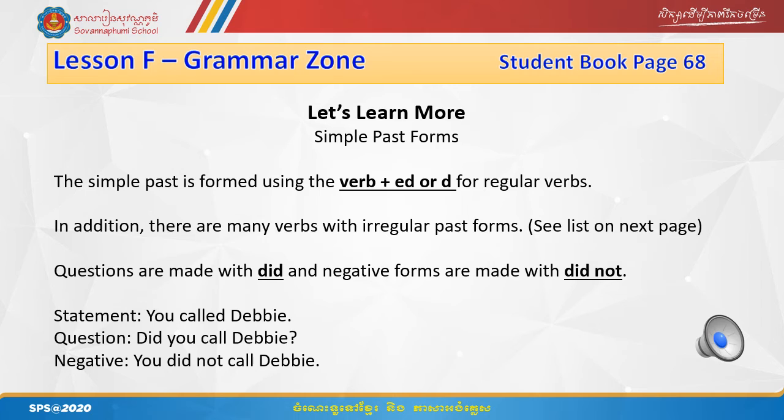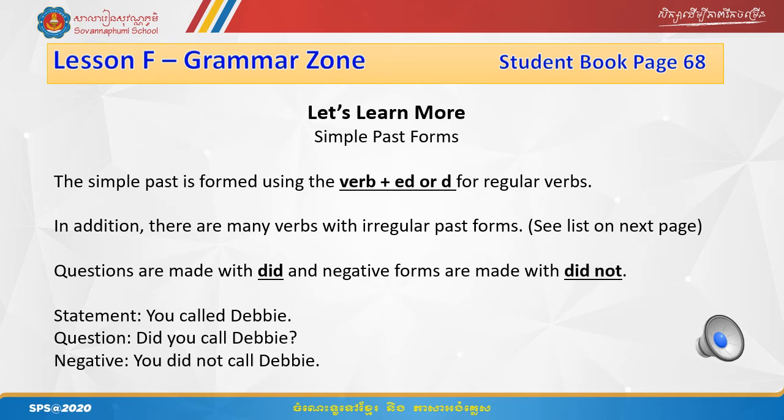There are many irregular past forms which we have spoken about, and I've included a list on the next page of the 15 most common irregular verbs for you to look at and study. Now, questions are made with did and negative forms are made with did not.